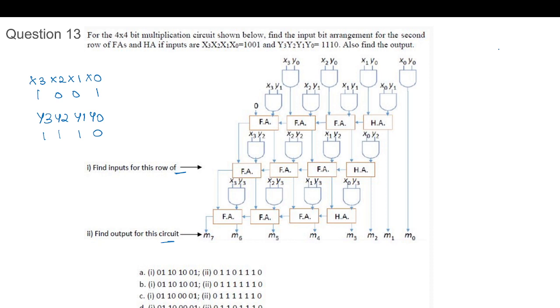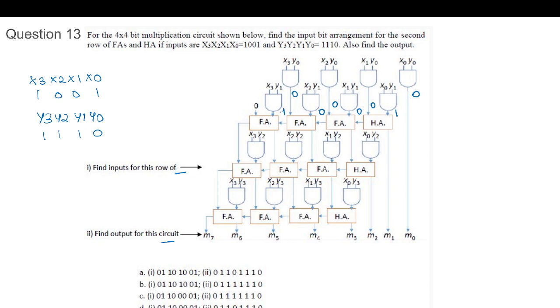So first x0 y0 is 0. x0 y1 is 1. x1 y0 is 0. x1 y1 is 0. x2 y0 is 0. x2 y1 is again 0. x3 and y0, 0. x3 and y1, 1.